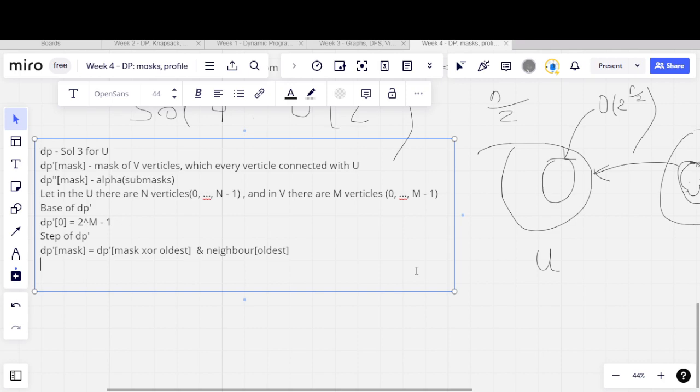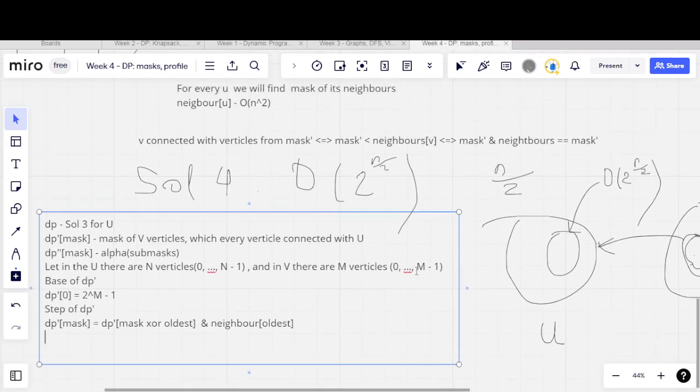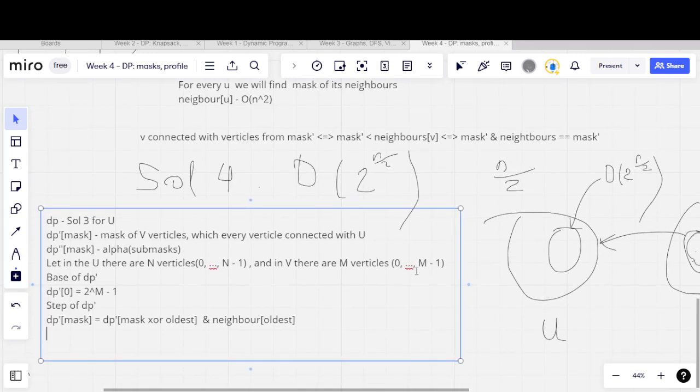Do you agree? In the strich we have mask of the verticals, which every vertical connected with all.